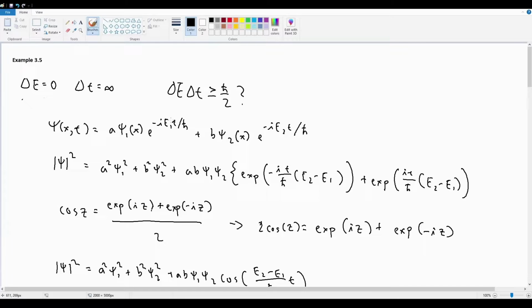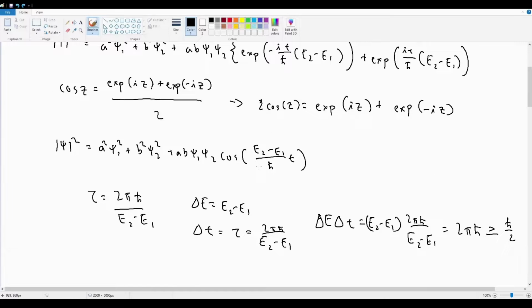Therefore, this condition, which is the logical extreme of the stationary state, where there's determinate energy and the expectation values never change with respect to time, still follows this rule, because we derived a system that satisfies this condition, and when we analyzed it by taking delta E, delta T, we ended up with this value. So with that, let's move on to the next example.